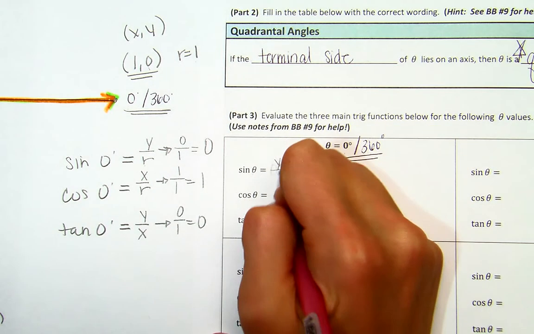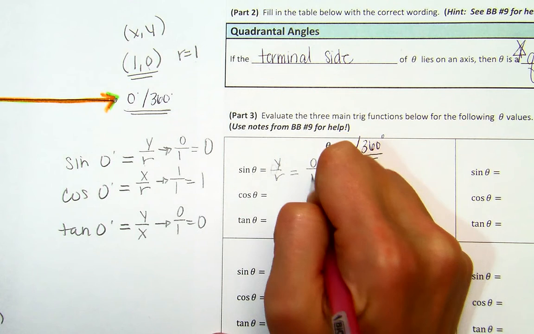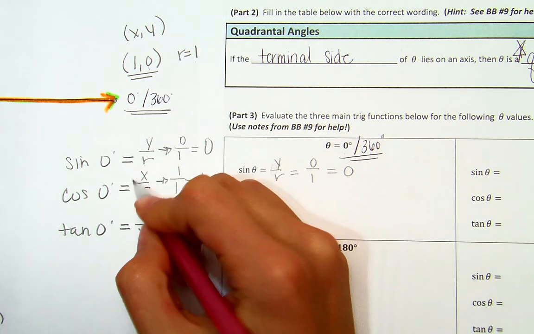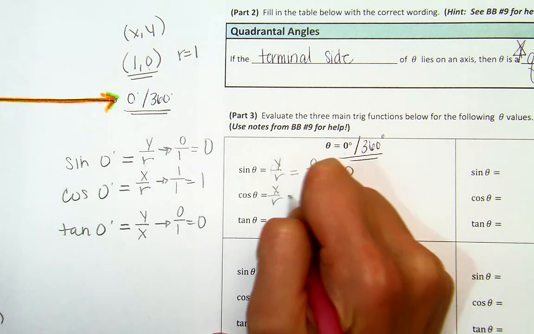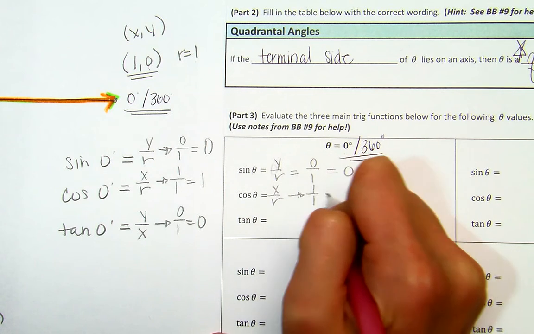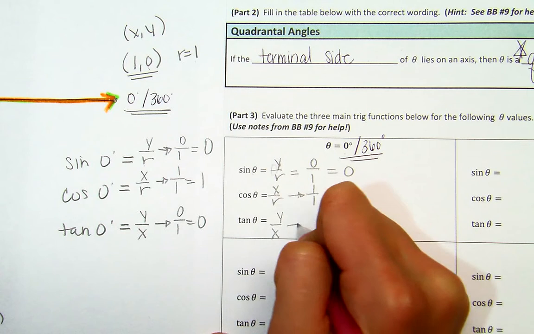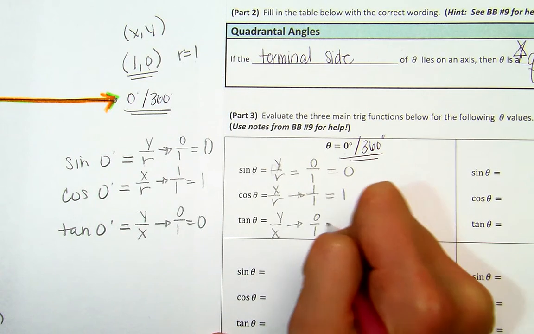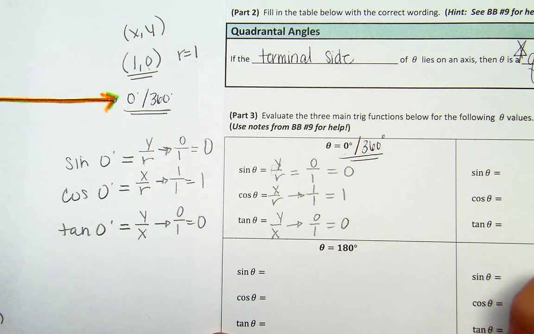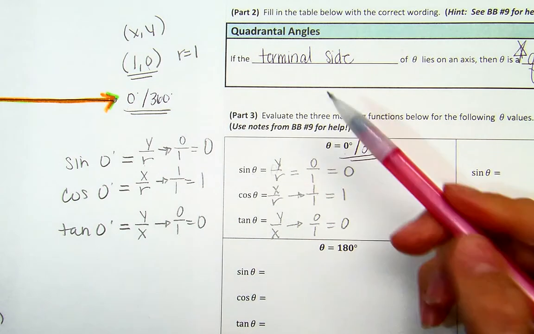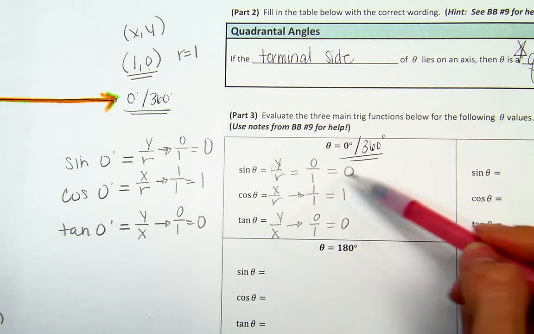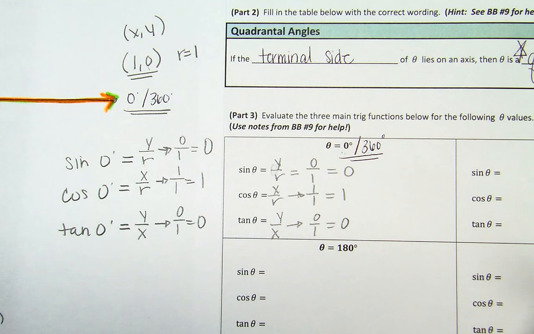So sine is y over r, which is 0 over 1, which is equal to 0. Cosine is x over r, which is 1 over 1, which is equal to 1. And tangent of 0 is y over x, which is 0 over 1, which is equal to 0. So you're basically writing what sine, cosine, and tangent are for 0 degrees or 360.